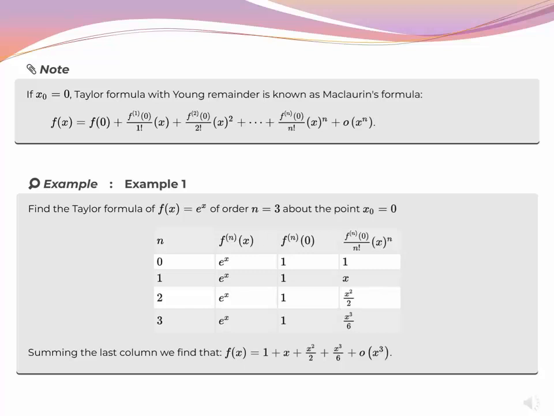So, using the Taylor formula of order 3, we get f of x equal 1 plus x plus x squared over 2 plus x cubed over 6 plus o of x cubed.